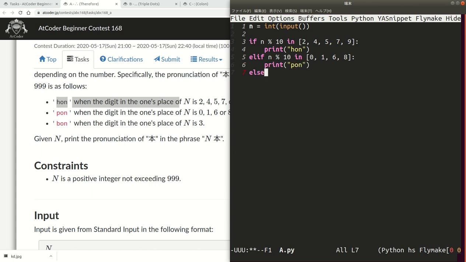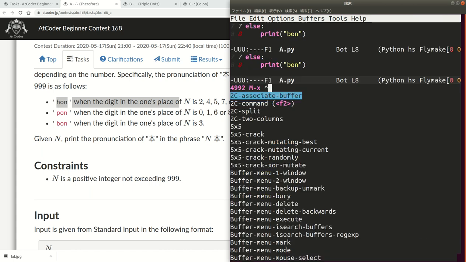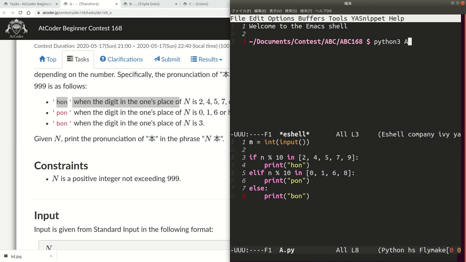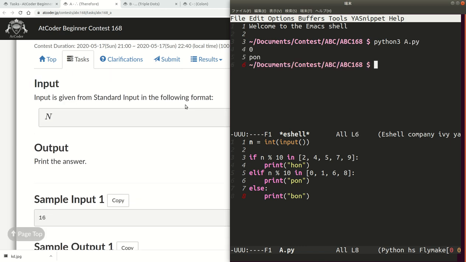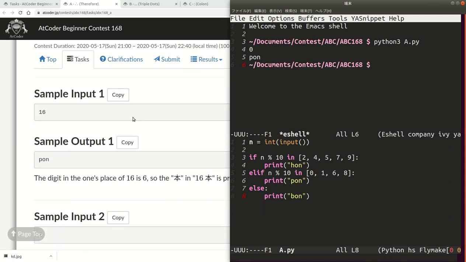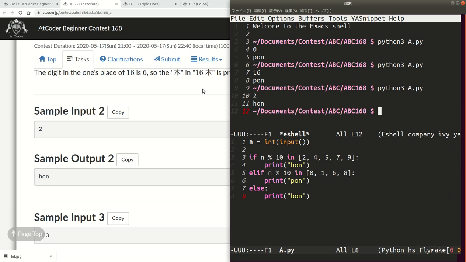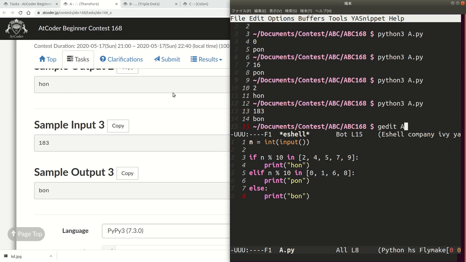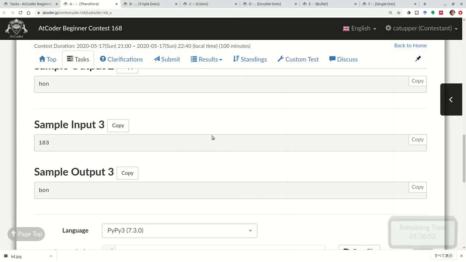And otherwise, print bon. Okay, so let's check this with all digits. Sample 16, pon, good. With 2, hon, and with 183, bon, great. Okay, let's submit with this.